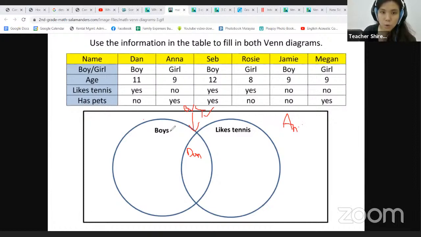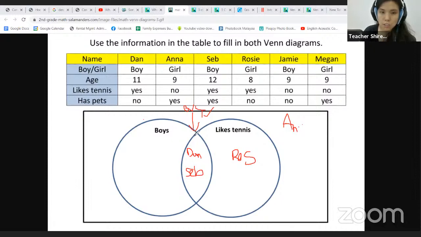Sebastian. Sebastian is a boy. Does he like tennis? Yes, a boy and likes tennis, so Sebastian is in the middle. Okay, next. Rosie is not a boy. Does she like tennis? Yes, so she's inside here. Jamie, is he a boy? Yes. Does he like tennis?